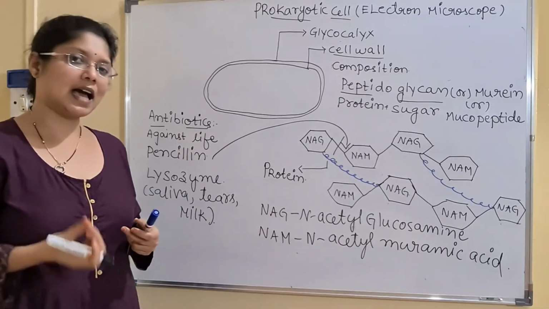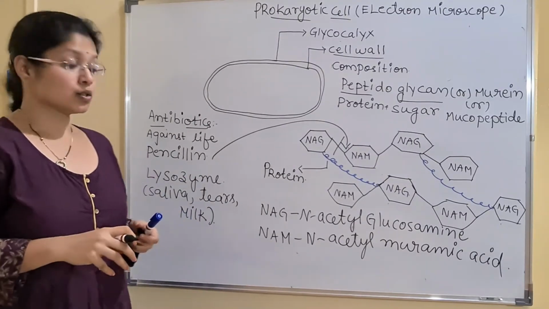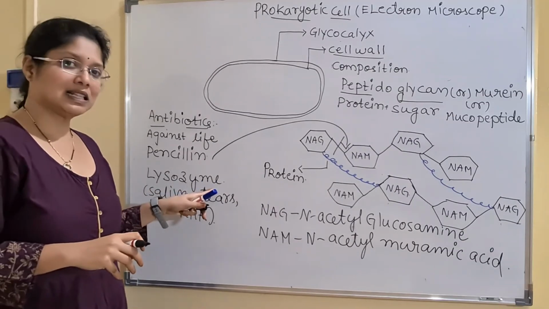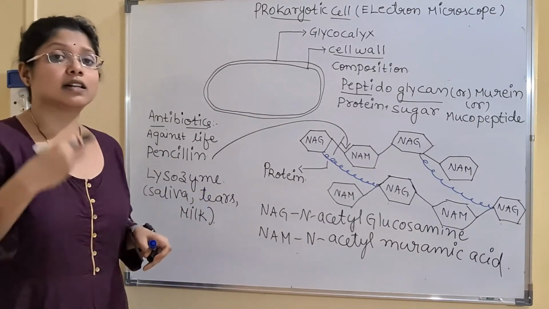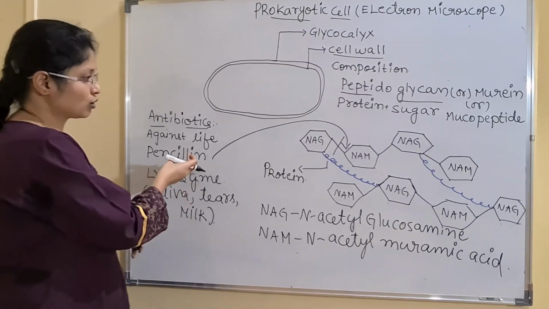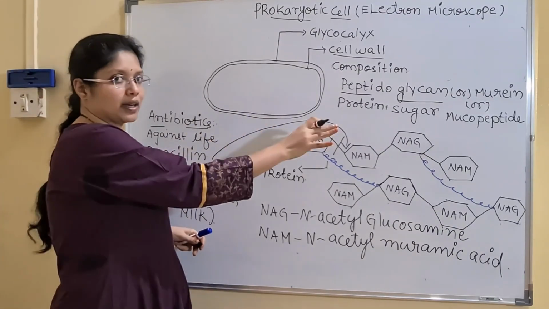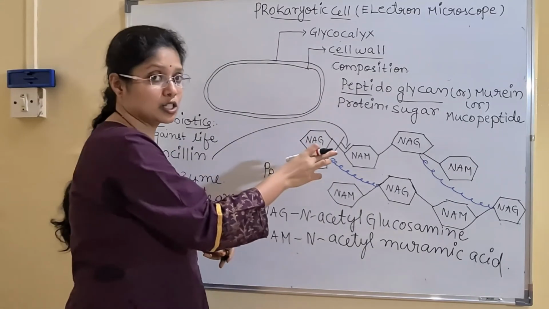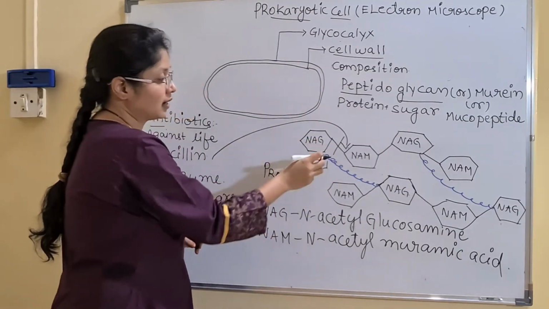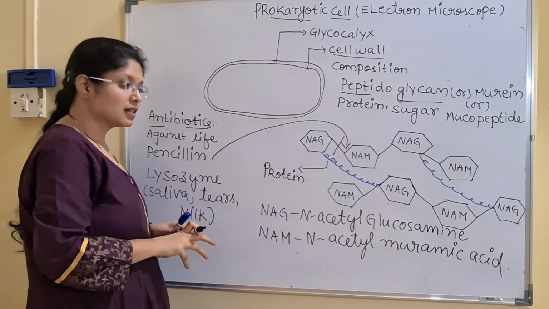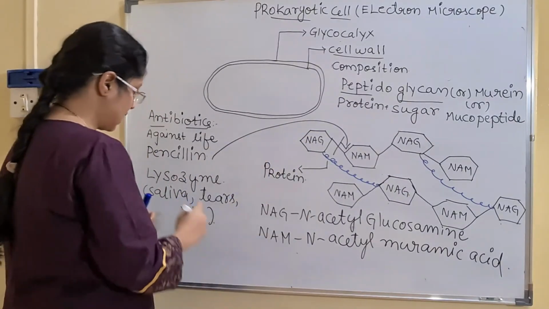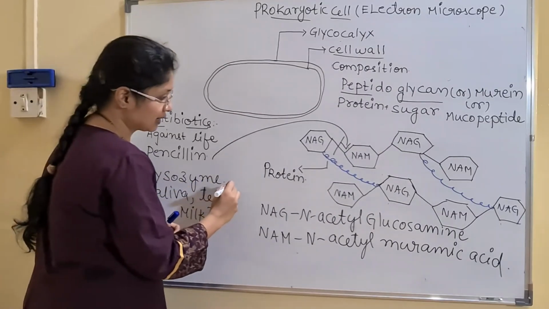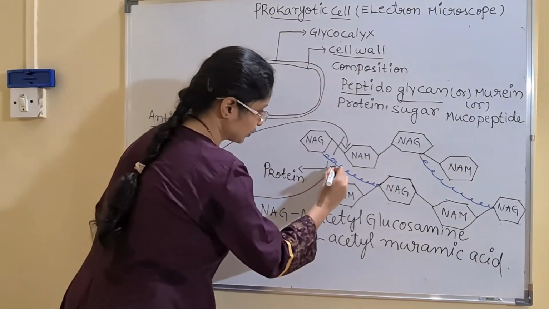It is naturally antimicrobial in nature, so it has the ability to kill bacteria. How will it kill the bacteria? Again, it is destroying the cell wall. Penicillin also attacks the bacteria by destroying the cell wall, but it is cleaving the cross links between NAM and NAG units. And the lysozyme will be cleaving the protein chains.